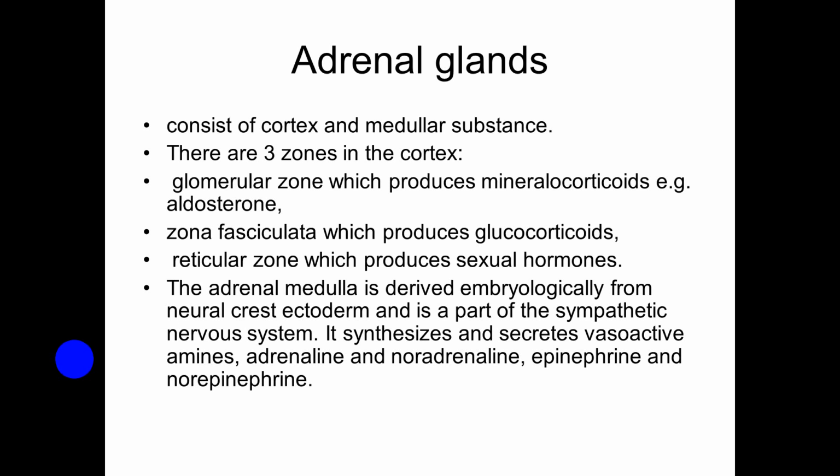The adrenal medulla is derived embryologically from the neural crest and ectoderm, and is a part of the sympathetic nervous system. It synthesizes and secretes vasoactive amines, adrenaline and noradrenaline, epinephrine and norepinephrine.